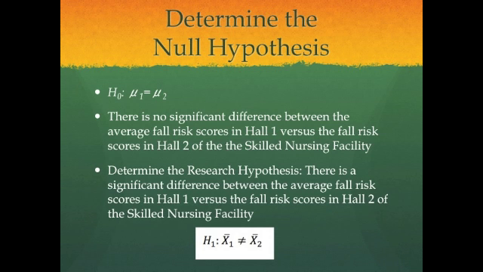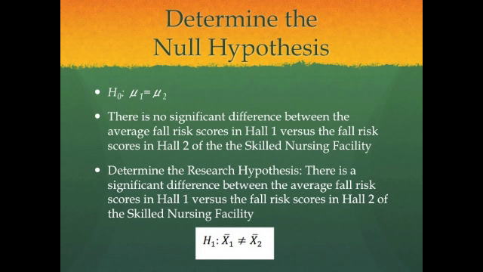And so we want to determine the null hypothesis. And our null hypothesis would be that there is no significant difference between the average fall risk scores in Hall 1 versus the fall risk scores in Hall 2 of the skilled nursing facility.